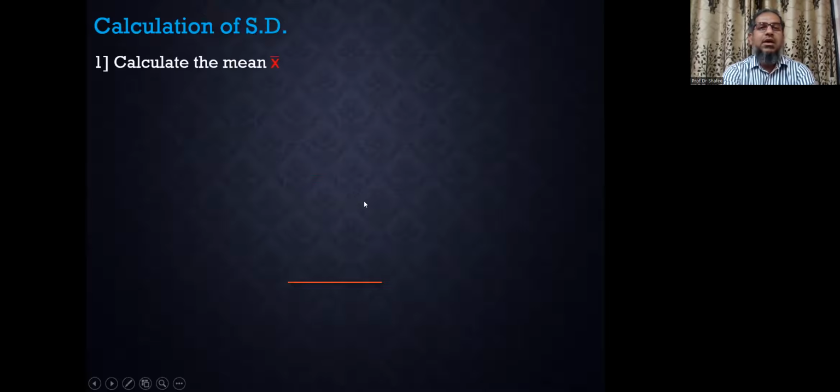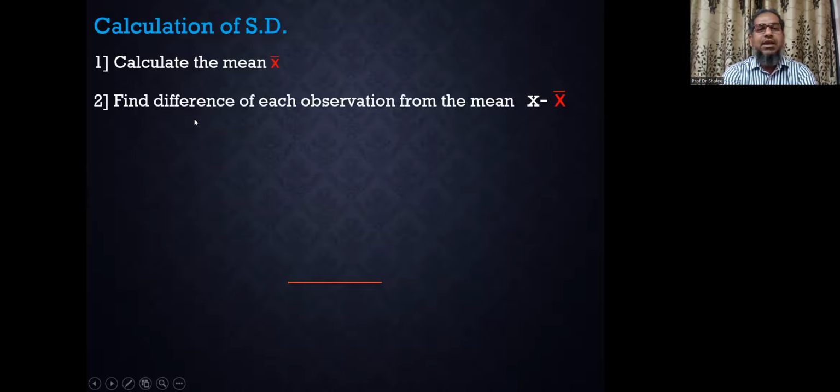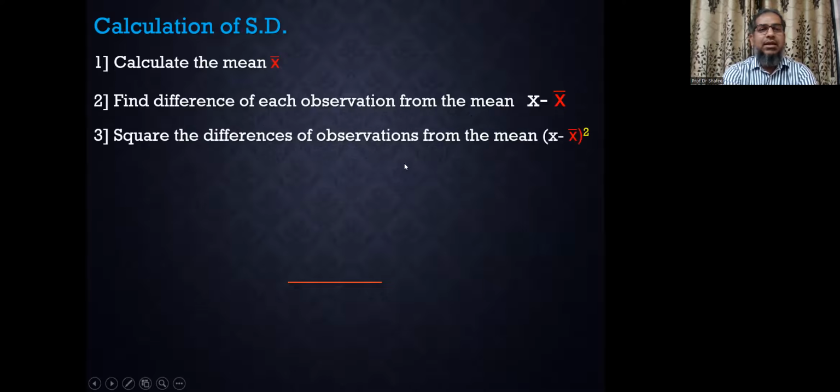Now coming to the steps involved in the calculation of standard deviation. First, they will again give the same data: calculate the standard deviation for the following data. The mean will not be given. So the first step is to calculate the mean from the given data. Then find the difference of each observation from the mean, that is x minus x bar. After this, we take the square of the differences, or the square of x minus x bar.